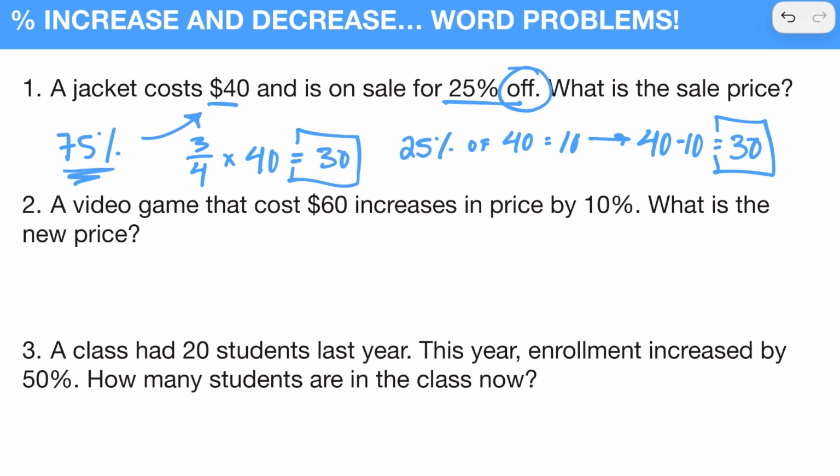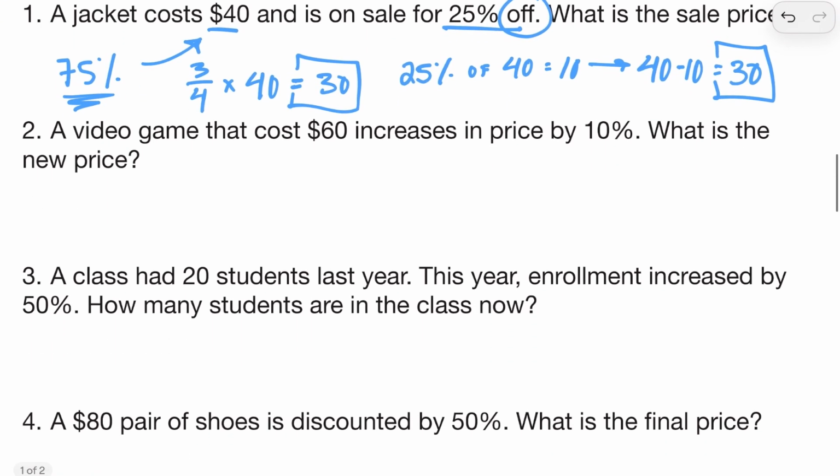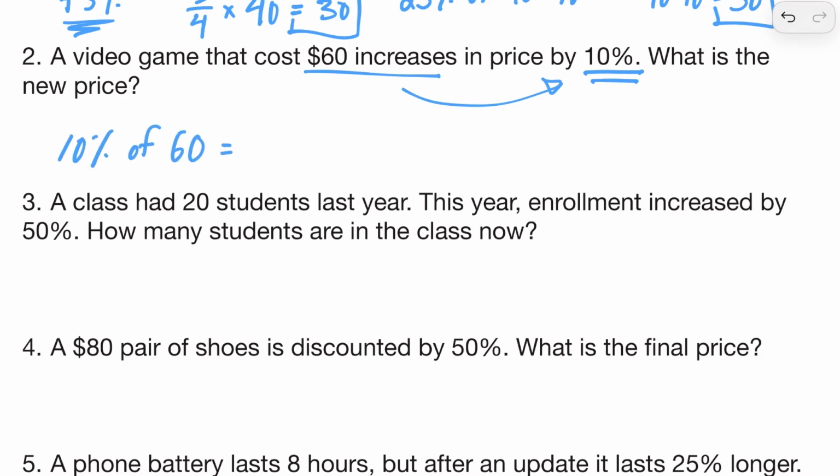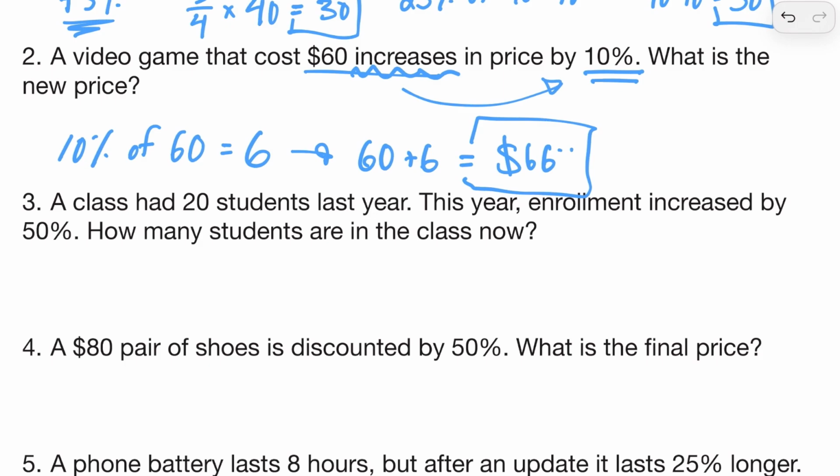Number 2, a video game that costs $60 increases in price by 10%. What is the new price? So we started at 60, we went up by 10%, what's the new price? Here's how I'm going to think about it. 10% of 60 is 6. And if it increases by that amount, we're going to do 60 plus 6, which is 66, our new price.